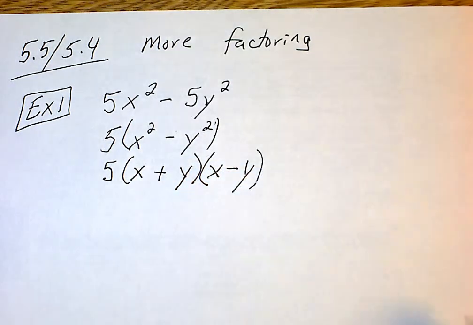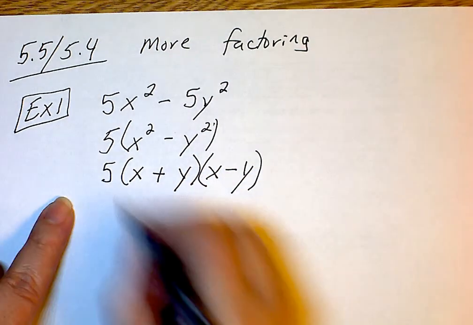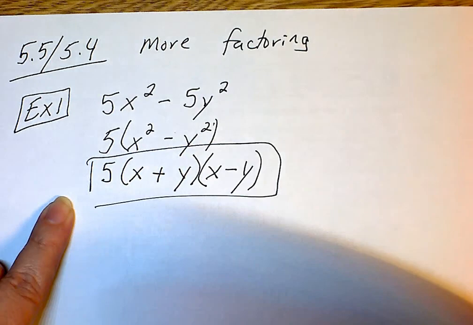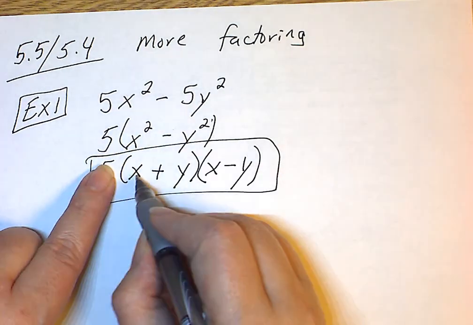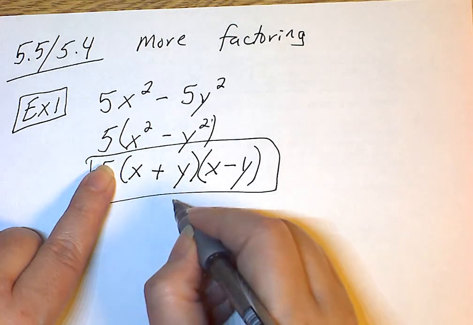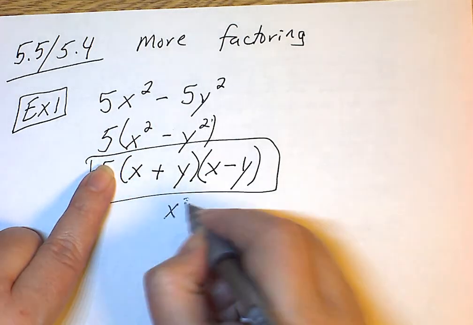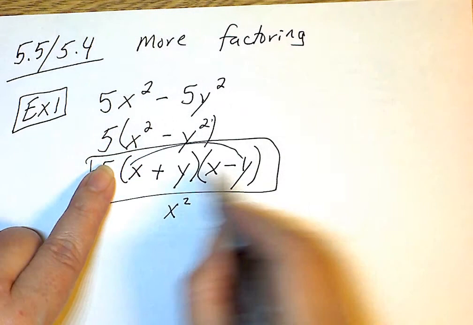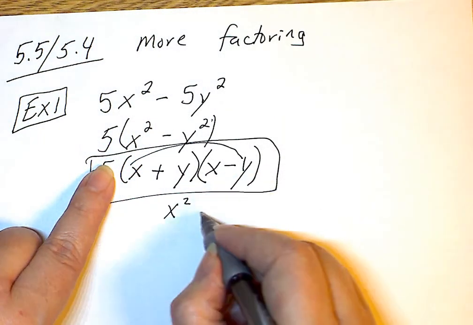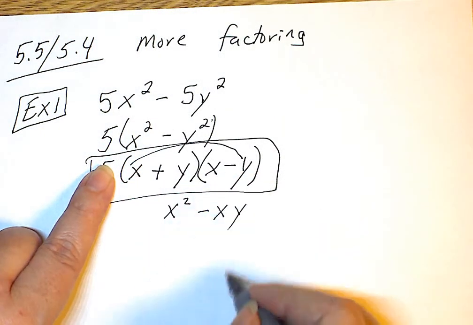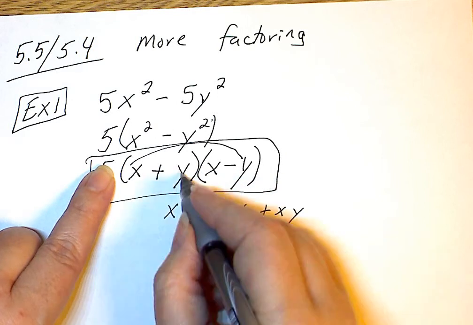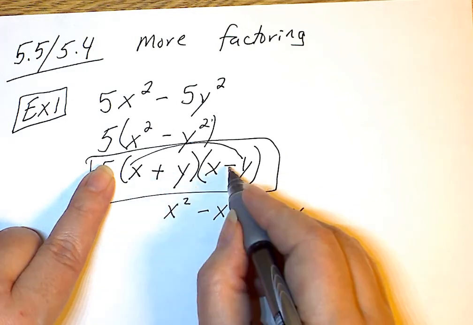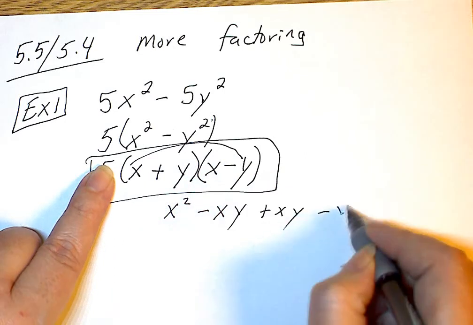Now, this is our answer, but we can check to make sure that we would have gotten this back. First, x times x gives me x squared. Then outer is x and a negative y, which is a negative xy. Inner, x and y is a positive xy. And last, y times a negative y is a negative y squared.